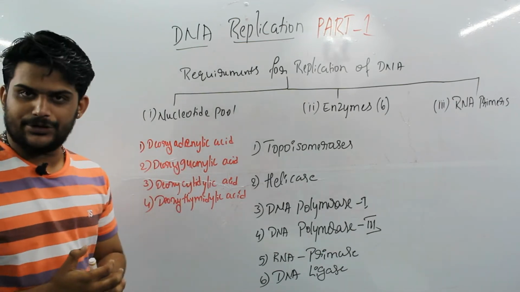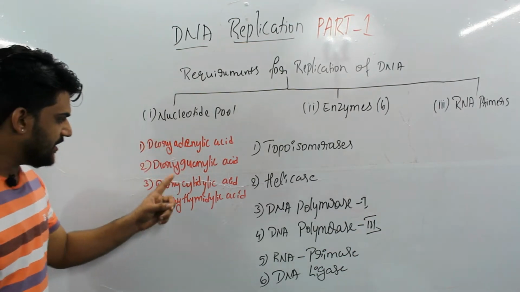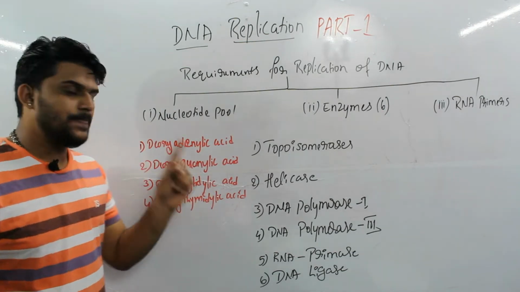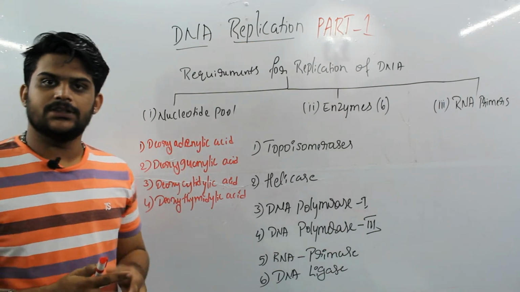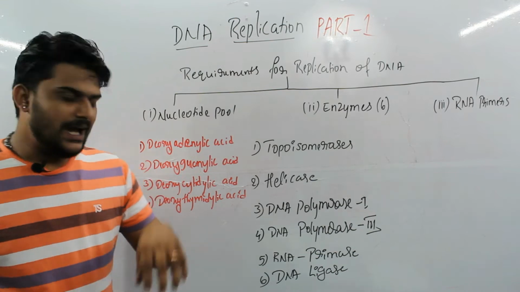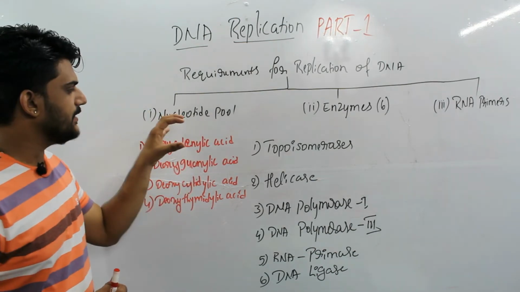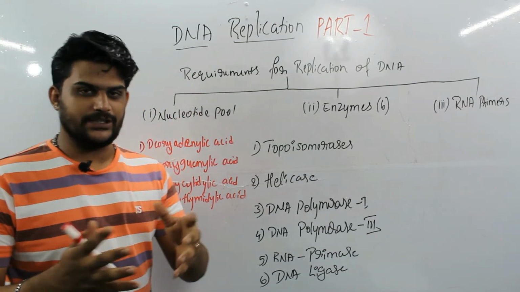Here are 4 nucleotides: deoxyadenylic acid, deoxyguanylic acid, deoxycytidylic acid, and deoxythymidylic acid. These are the 4 different nucleotides which will be scattered throughout the nucleus, and they are known as nucleotide pools. So this will be used in the replication of DNA as basic compounds, as you all know.